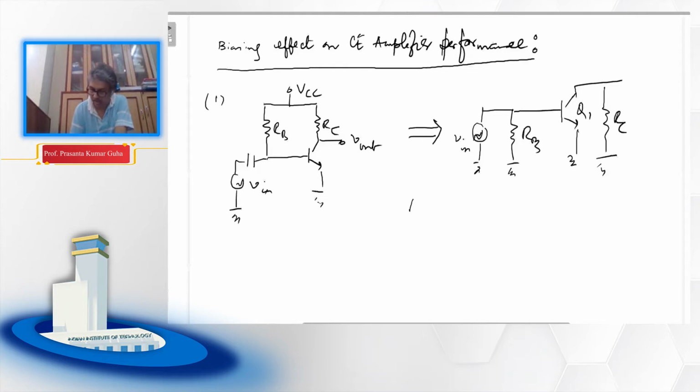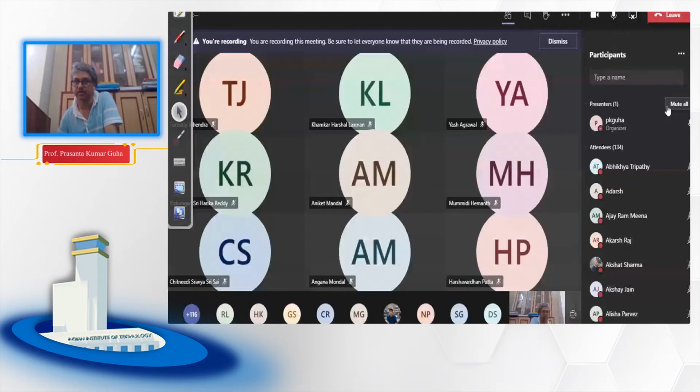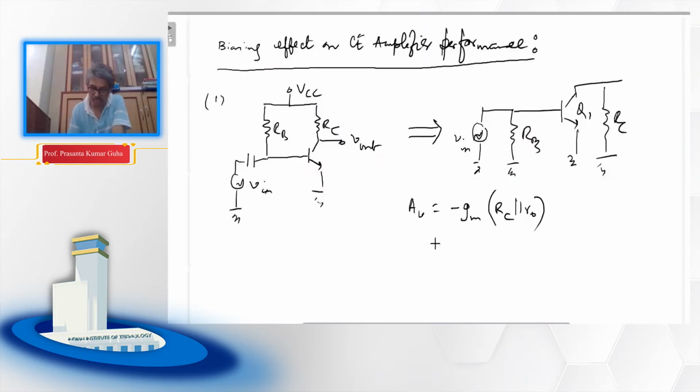So gain will remain the same, as we have discussed in the last class. If there is R naught, you need to write R naught in parallel, and if there is no R naught, you can directly write minus gmRC.